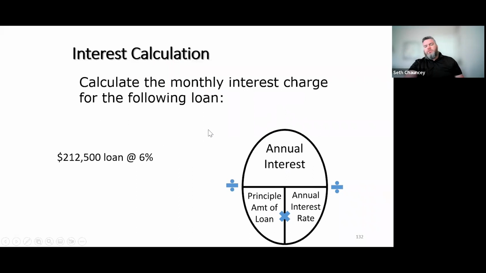But otherwise, simple interest is just interest. So calculate this for me.